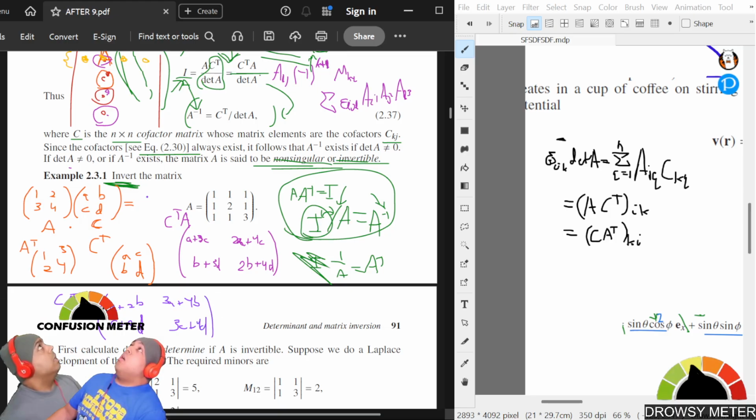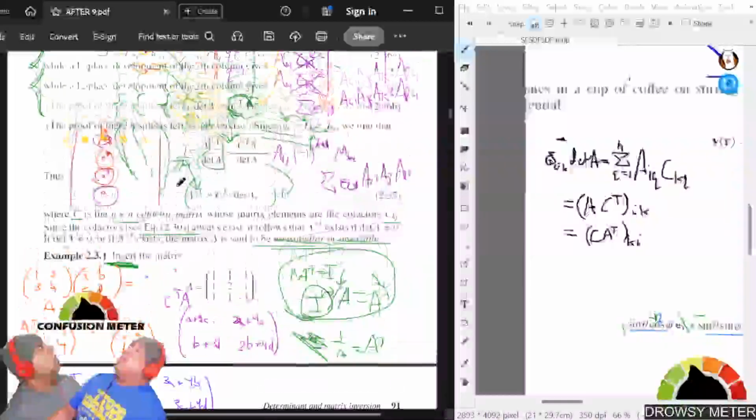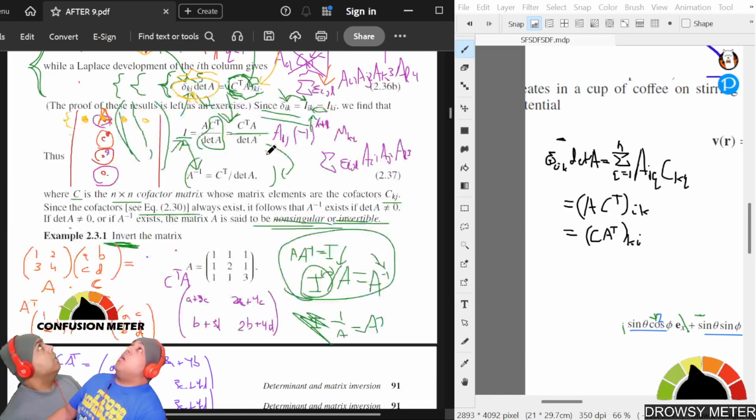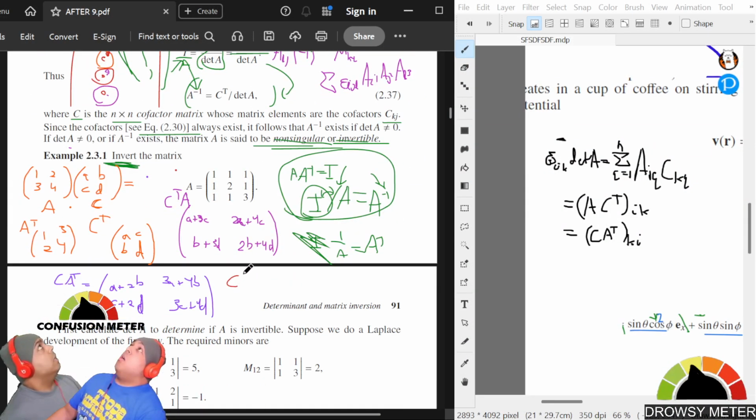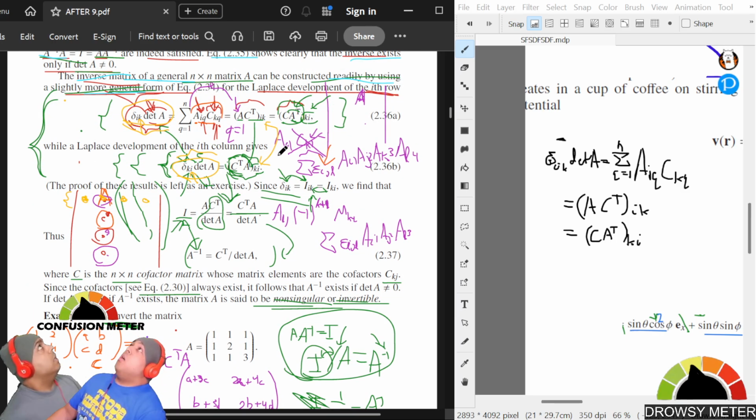Now let's do C transpose A, this times this. Wait, have I gone mad?